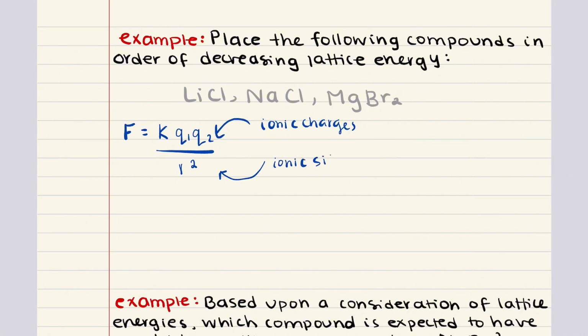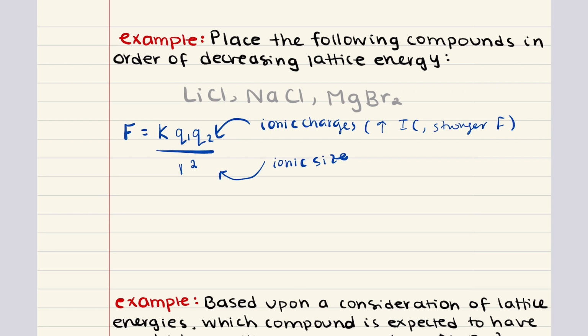And this lets us focus on two important ideas from Coulomb's law. The first is the higher the ionic charge, the stronger the force of attraction. That's because Q1 and Q2 represent the charges of the ions, and both of those terms are located in the numerator. So the higher the ionic charge, the stronger the force of attraction.